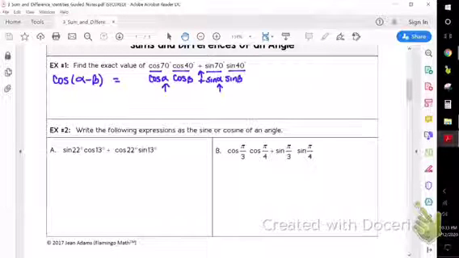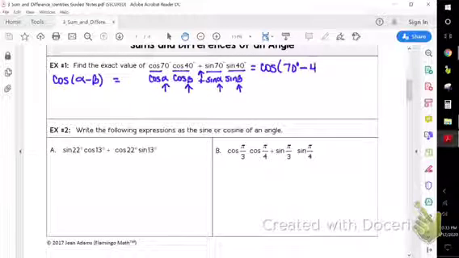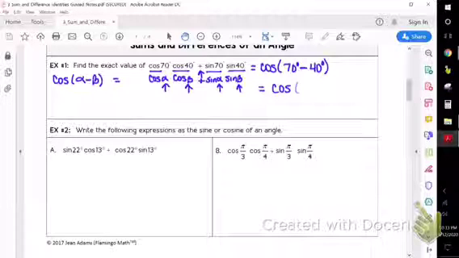So this is going to equal cosine of alpha, which we said is 70 degrees, minus, well, what is beta? Beta is the second angle there, which is 40 degrees. And then we can work that out. What is 70 minus 40? 30 degrees.